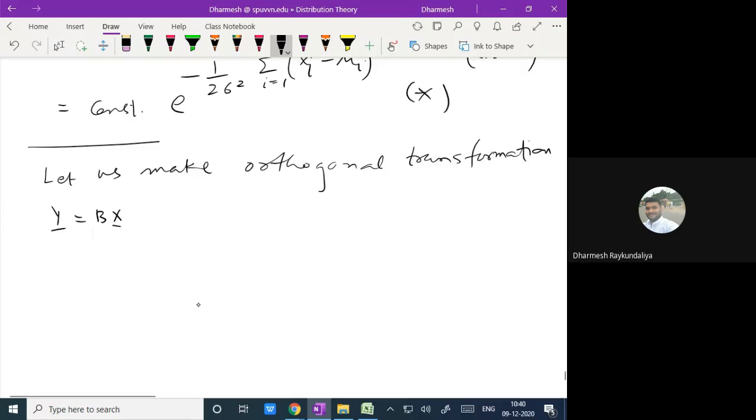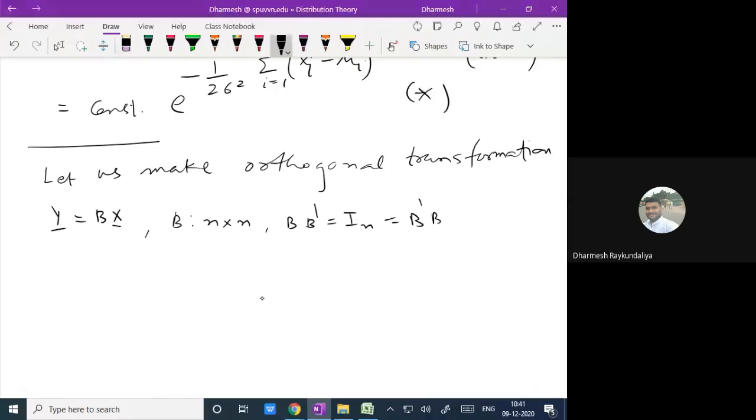where B is nothing but the orthogonal matrix, of size n cross n, which satisfies BB transpose equal to identity. Because it is a complete orthogonal matrix, B transpose B is also identity.